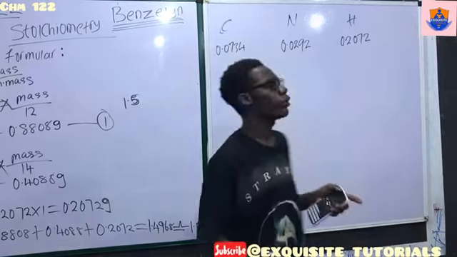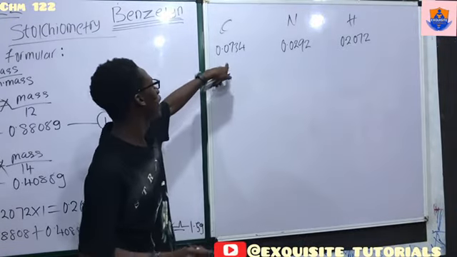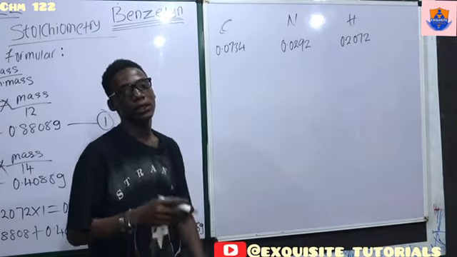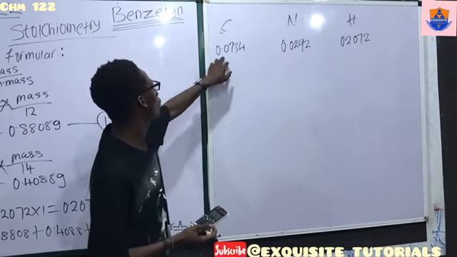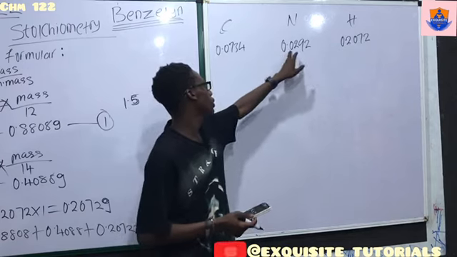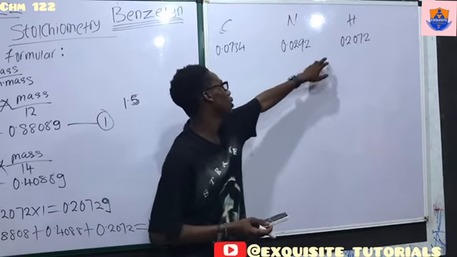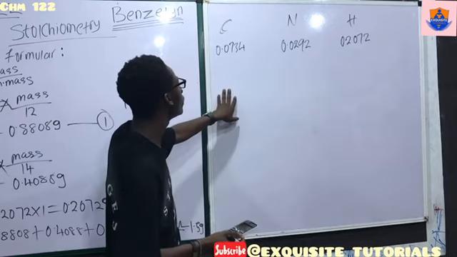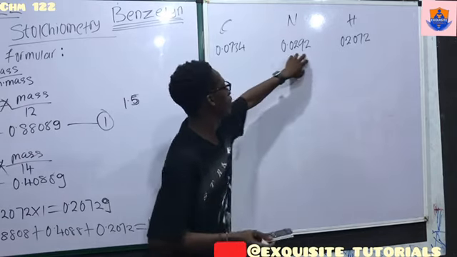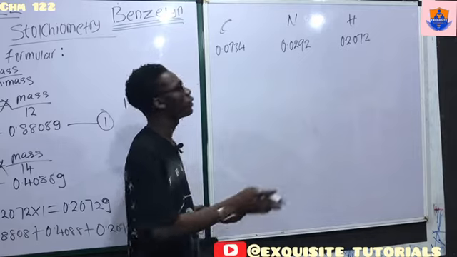Now on the empirical formula, we are dividing each of them by the data that has the least value. Now we have 0.0734, 0.0292 and 0.2072. The smallest here should be this, so we are dividing each of them by this value.